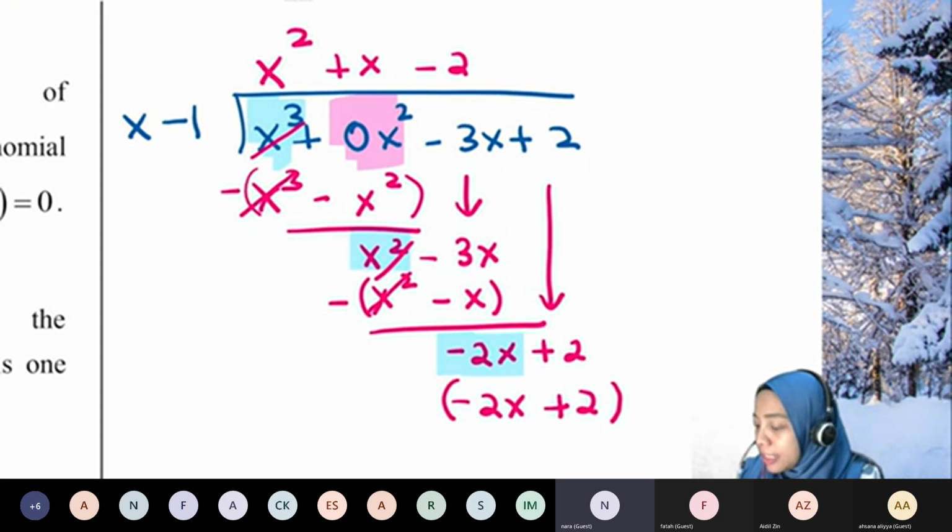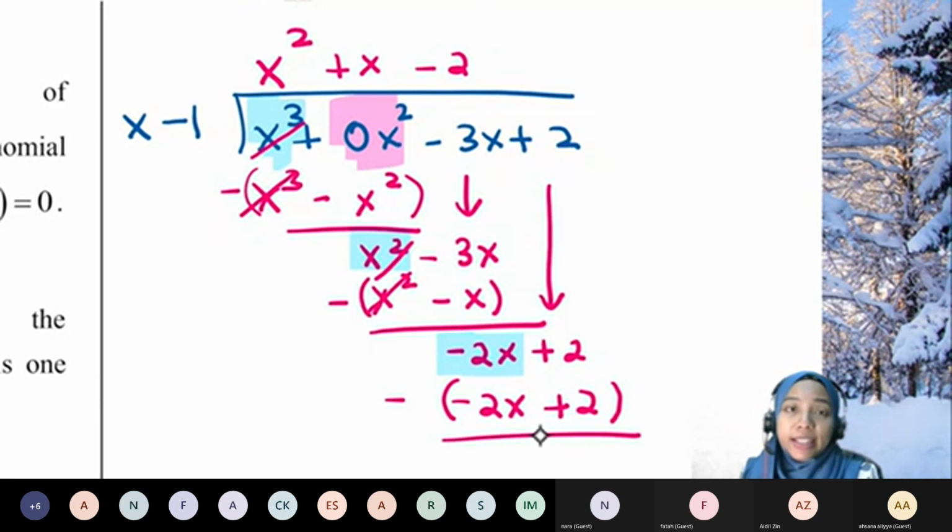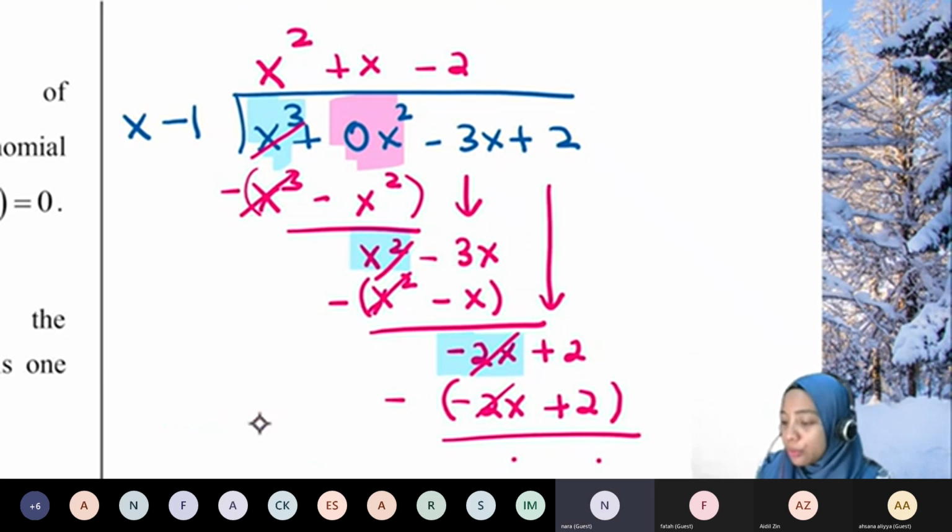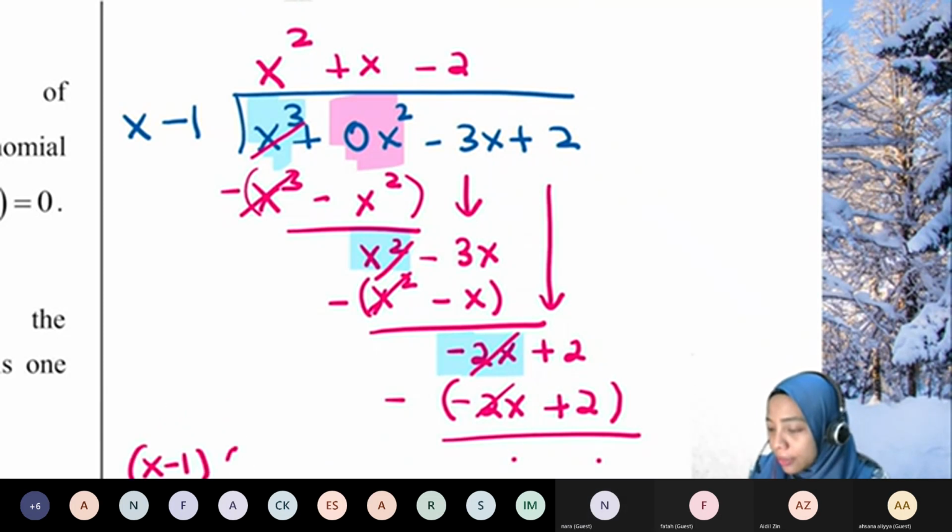Seperti yang cikgu kata tadi, pastikan bila you tolak, you mesti habis. There must be no remainder. Okay, so negative, negative, positive. So, cancel out. Negative, positive. 2 minus 2. So, dapat 0. So, this is your 0. Factor X minus 1. X square plus x minus 2.